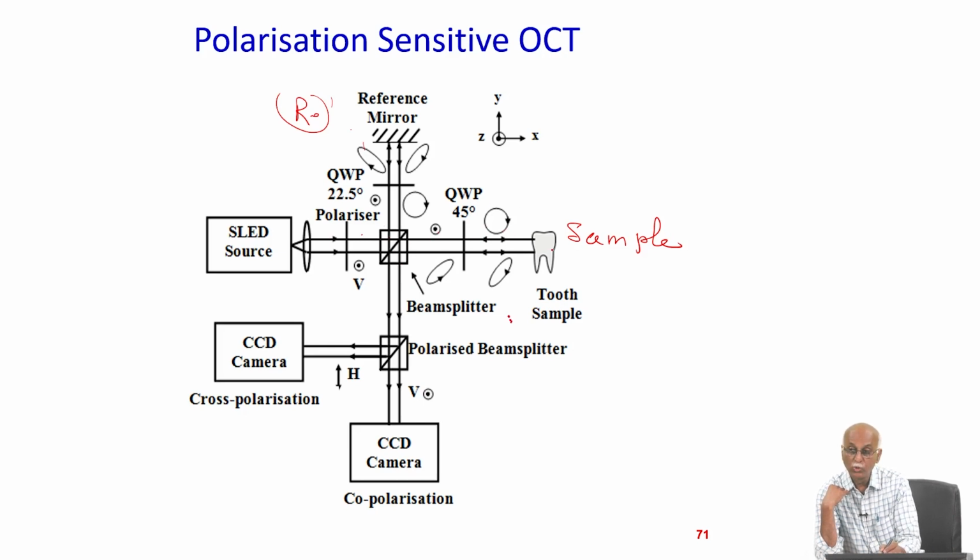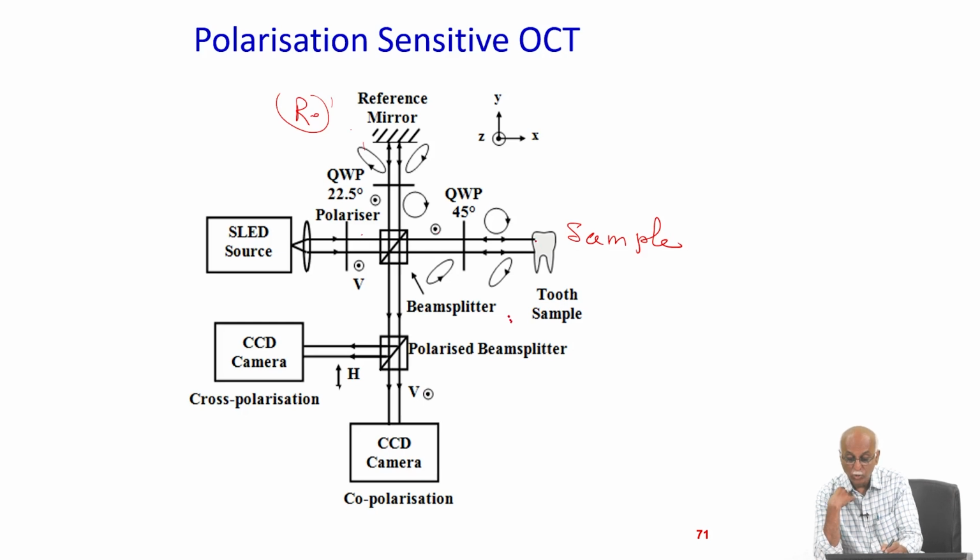Now, it passes through the sample. In case of an enamel tooth sample, the refractive index is different depending upon the polarization state. It is a slightly birefringent material, the tooth sample.